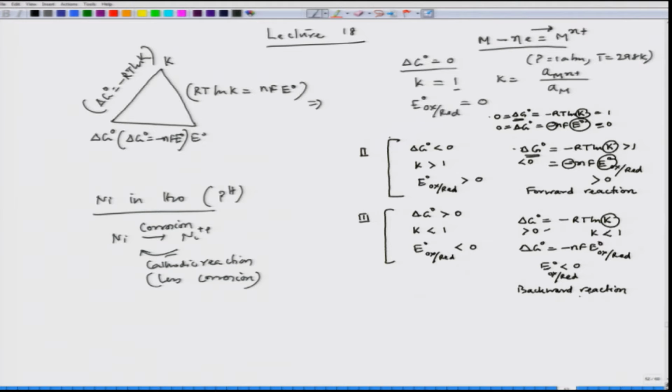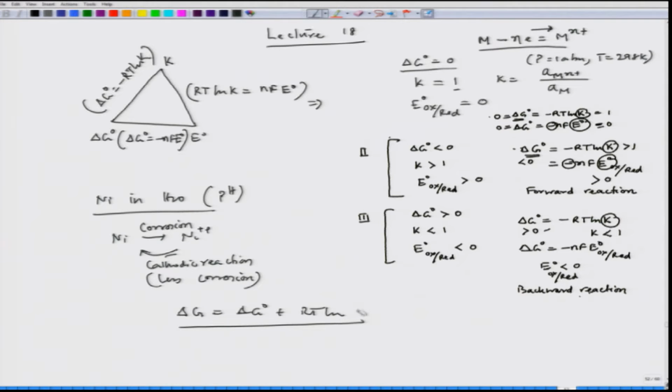In the non-standard situation, we have a similar kind of analysis, and we have to consider this equation. It is Q, the activity quotient.